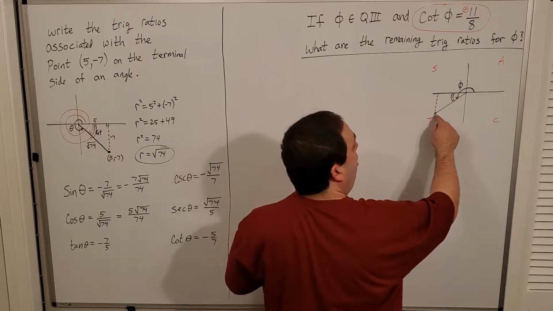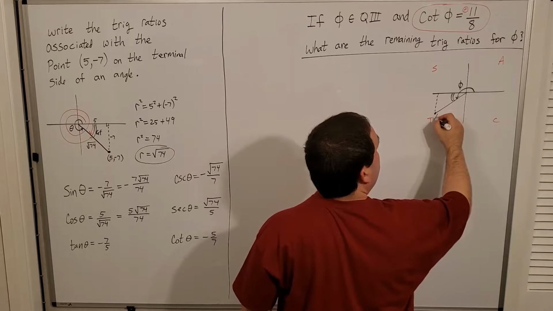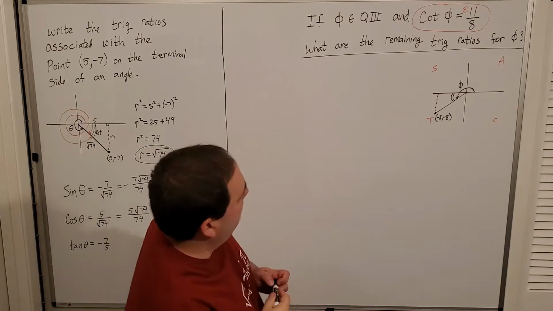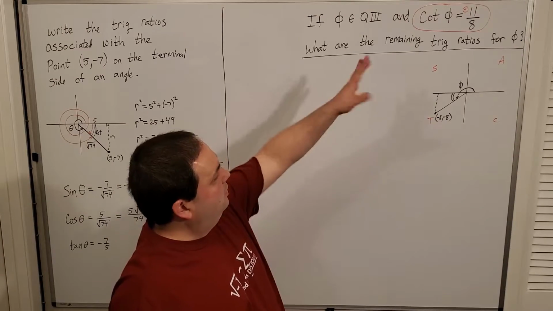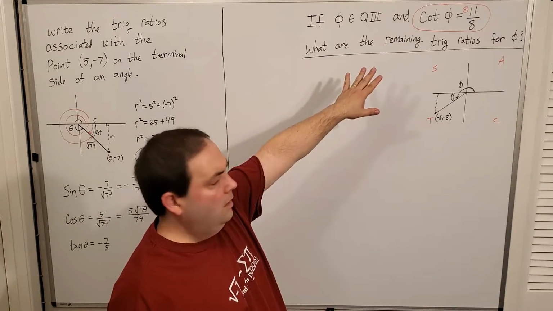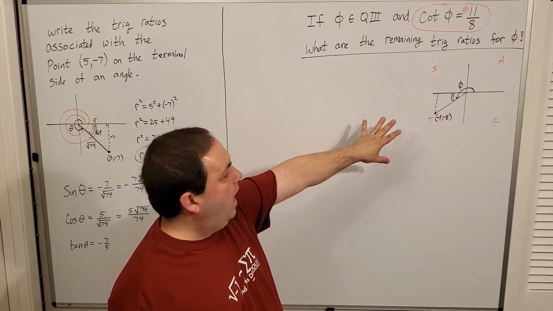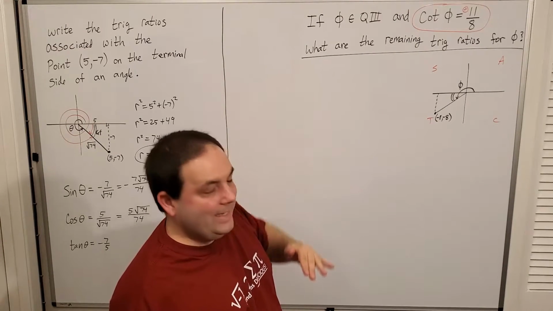Therefore, a point on my terminal side must be the point negative 11, negative 8. Wait a minute. Where'd those negatives come from? Hang on a second. There's no negatives up there, right? Have a little spatial sense. I'm in the 3rd quadrant. My x is to the left, my y is down.